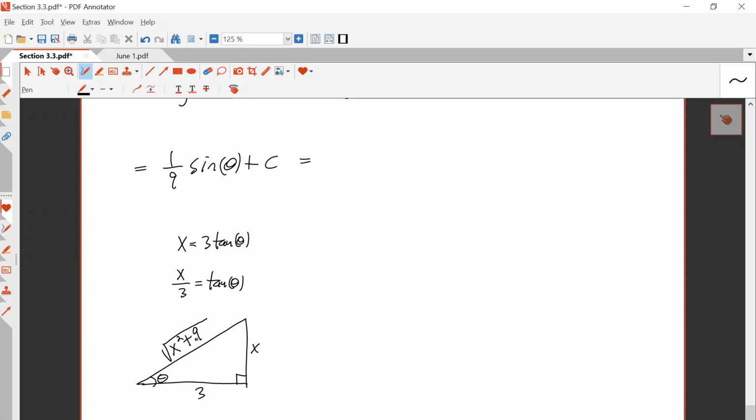So it's x over square root x squared plus 9. Right, so the final answer is 1/9 x over square root x squared plus 9 plus c.